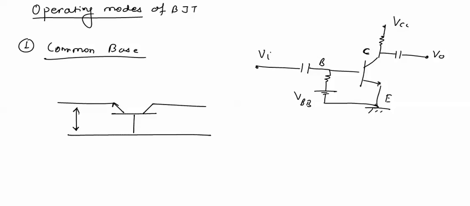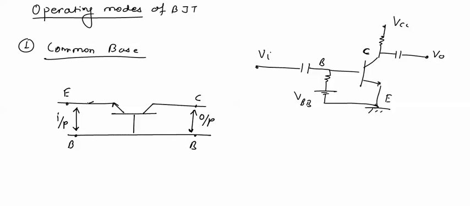If we apply input at this terminal and output across these two terminals, it is emitter terminal, it is base terminal, it is collector terminal, it is base terminal. Now in this BJT we have input between emitter and base, output between collector and base. This is called common base mode.